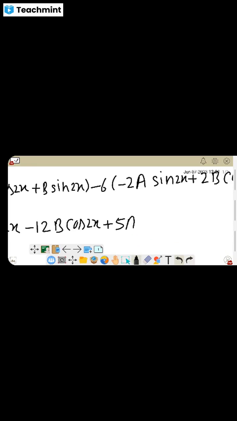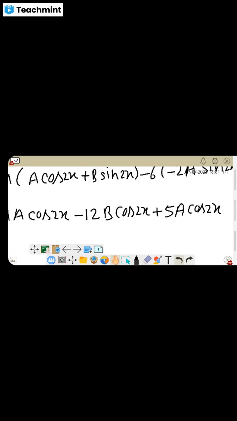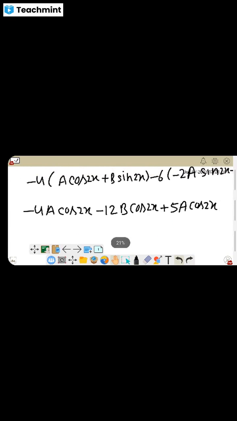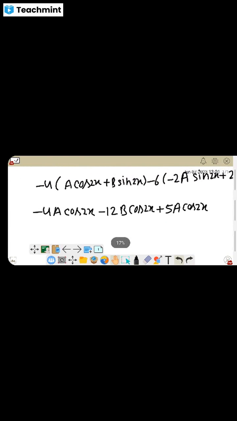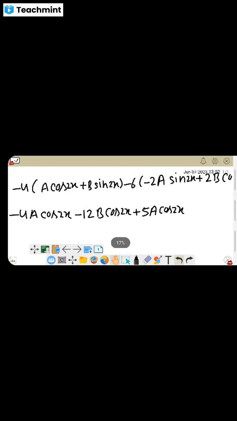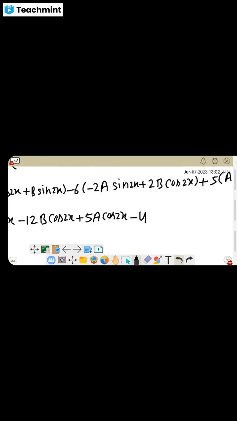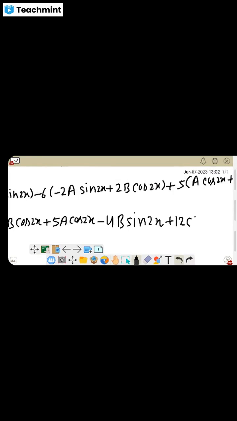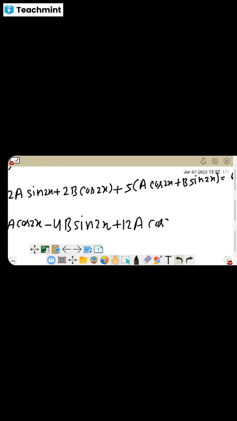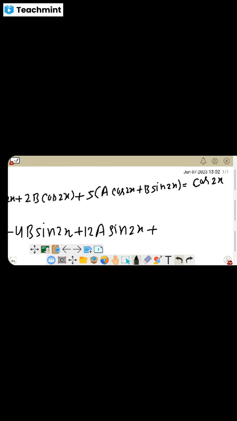In terms of sin 2x, we have minus 4b plus 12a sin 2x, and plus 5b sin 2x, is equal to cos 2x.